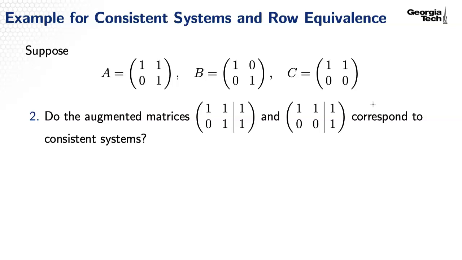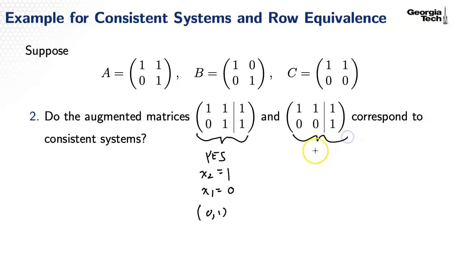So you'll recognize the first augmented matrix involves matrix A, and the second involves matrix C. Well, first of all, this first augmented matrix does have a solution, and that solution is, well, it looks like x2 has to be 1, and I guess x1 is 0. So the solution is the point (0, 1).